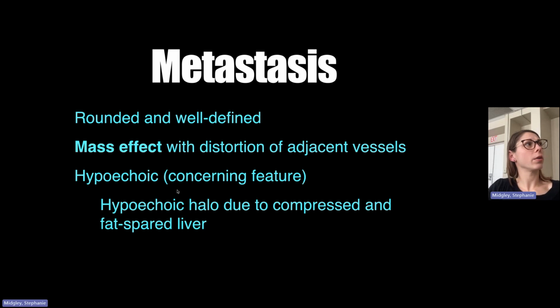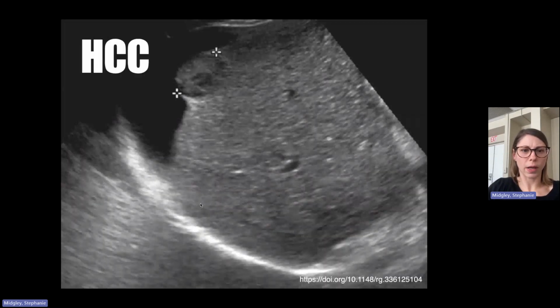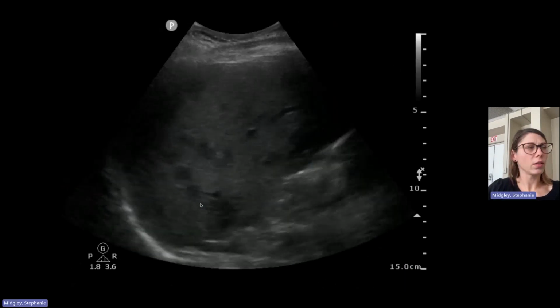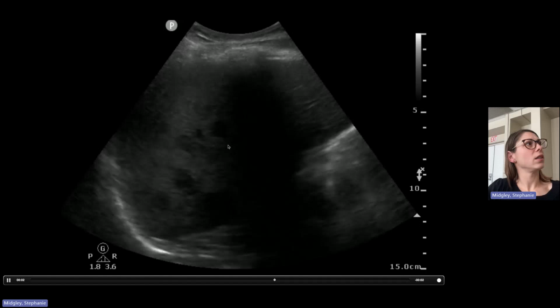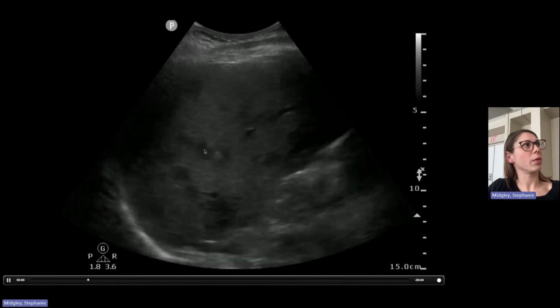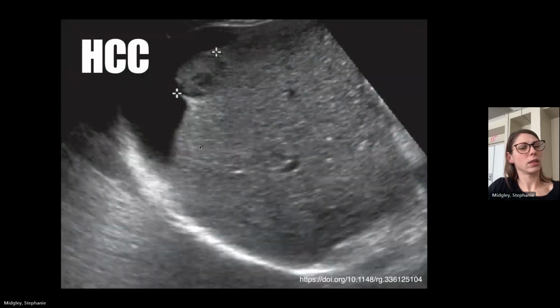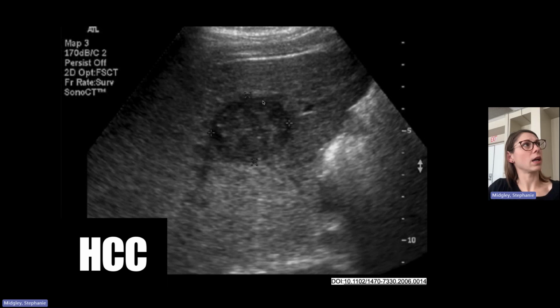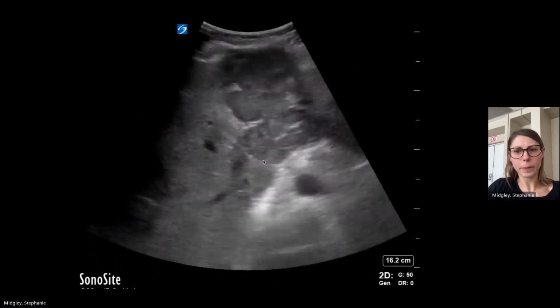You can get hypoechoic, and then you might have that sort of darkness around that lesion. If we jump back to this guy, you can see there was that hypoechoicness around the met. That's going to be another clue. Same thing here, kind of hypoechoic around that.